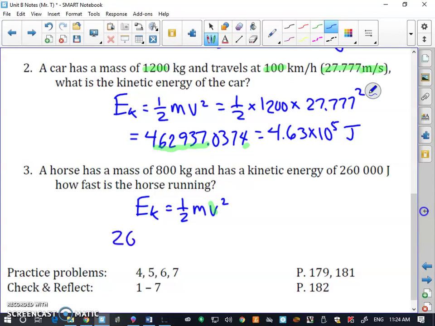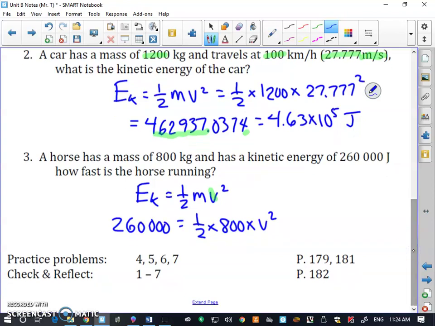We have 260,000 on the left-hand side, and then 1/2 times 800 times v squared. Well, what's a half of 800? 400. So we've got 260,000 is equal to 400 times v squared.